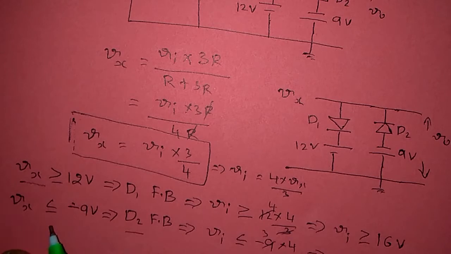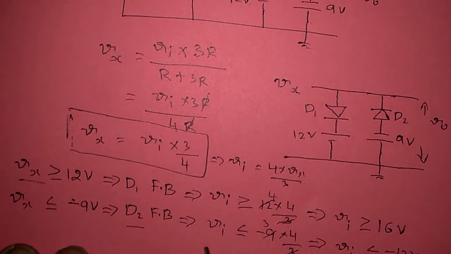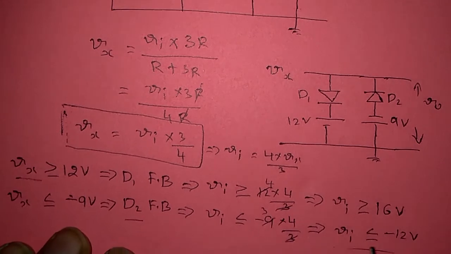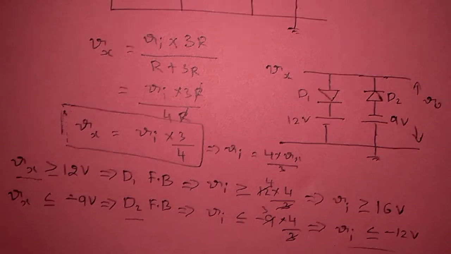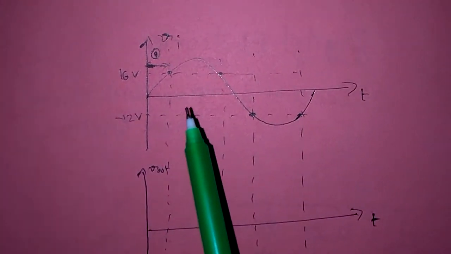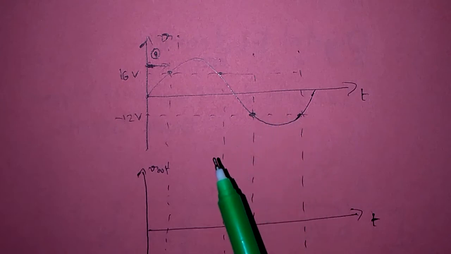Similarly, when Vx is less than or equal to minus 9 volts, diode D2 will enter into forward bias and it acts like a short circuit. The same condition can be written for Vi like this: minus 9 into 4 by 3, so we will get minus 12 volts. So when Vi is less than or equal to minus 12 volts, then diode D2 will enter into forward bias. As usual, as in the first case, I took a sine wave as the reference input, since the input waveform is not mentioned in the question.